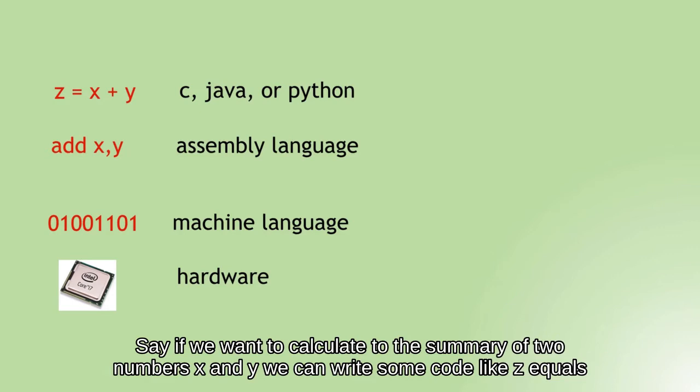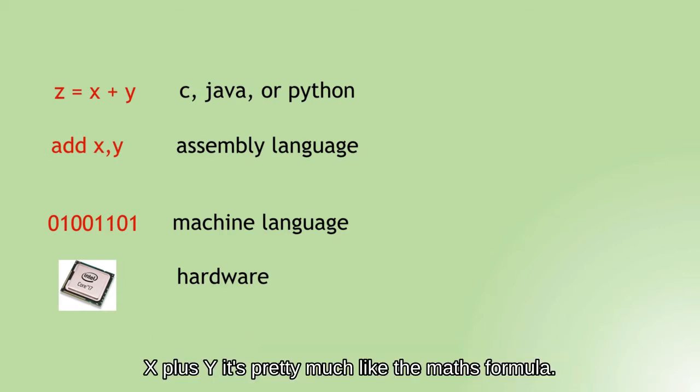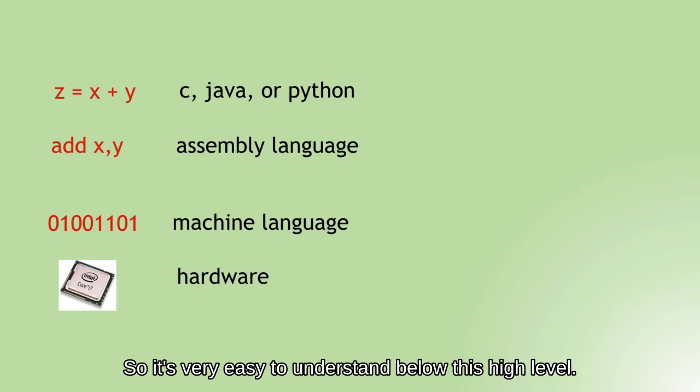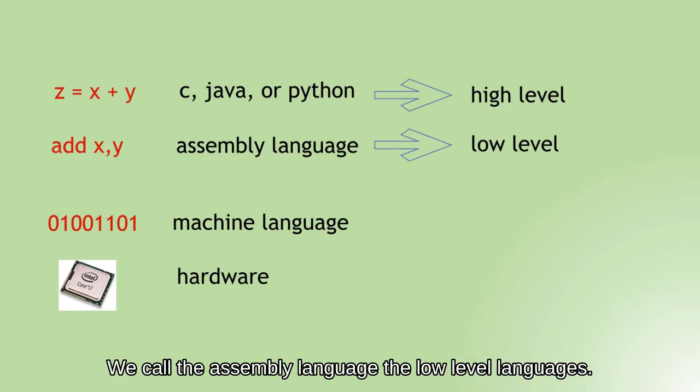Say if we want to calculate the sum of two numbers x and y, we can write some code like z equals x plus y. It's pretty much like the math formula, so it's very easy to understand. Below this high level, we call the assembly language the low-level languages.